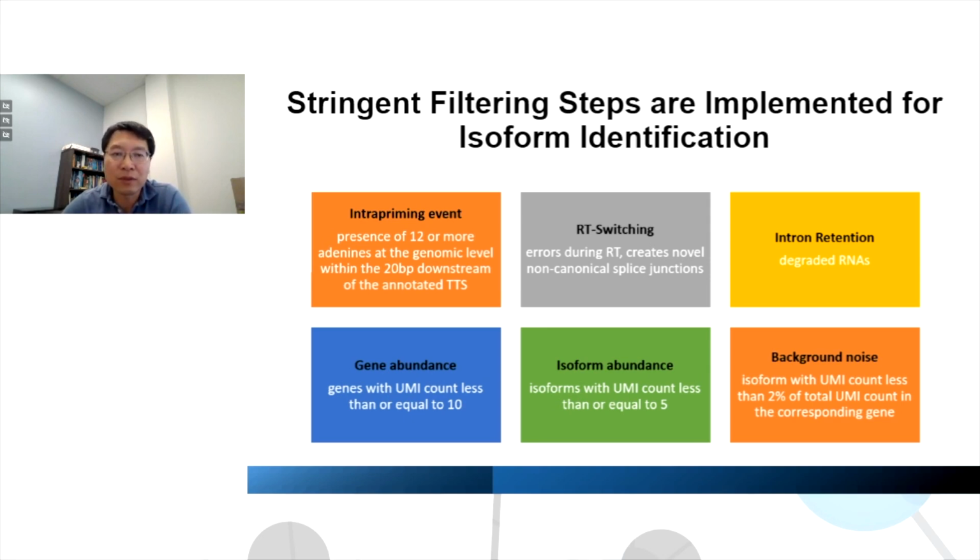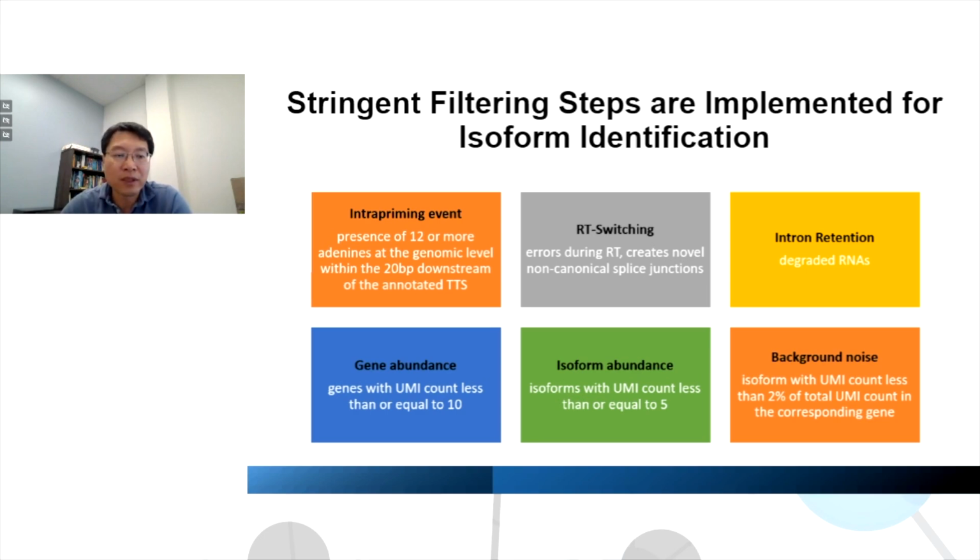Therefore we implemented very stringent steps to remove all the potential artifacts, for example, internal priming, intron retention, degraded RNA, and so on and so forth in our data set, but also required significant abundance.